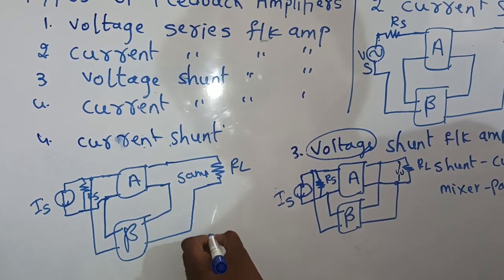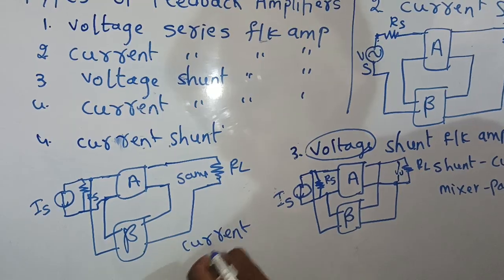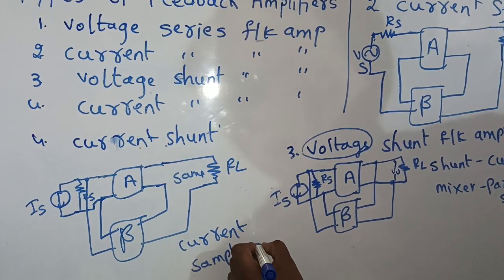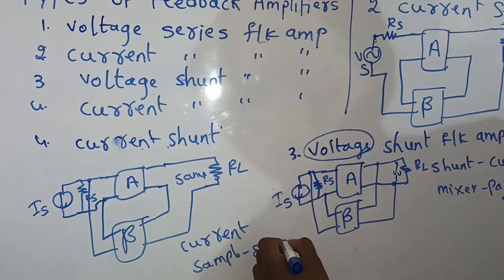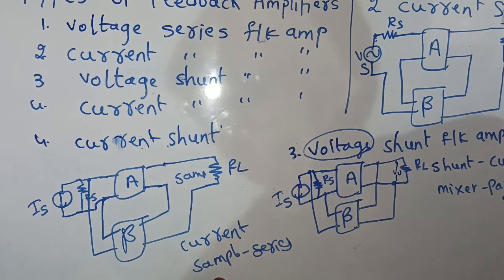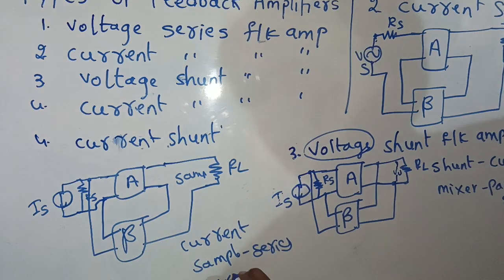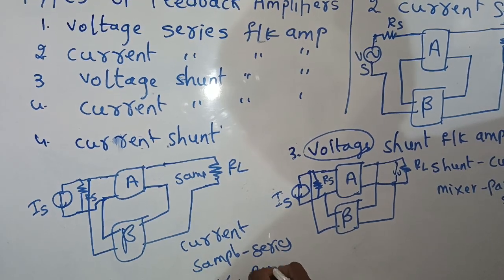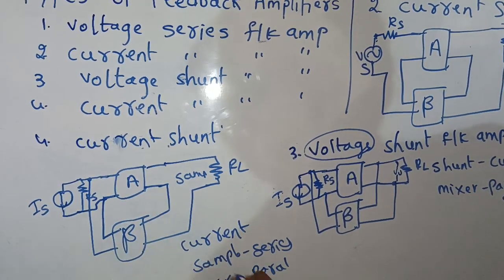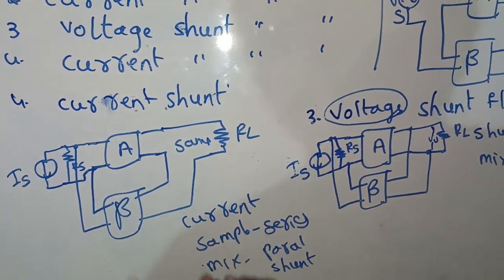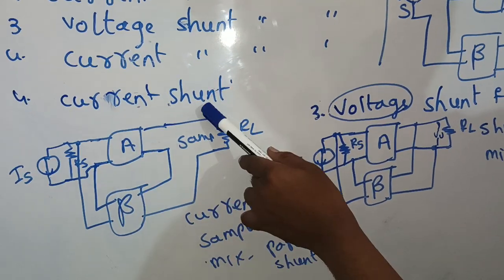For the current amplifier, the sample is series, same as the previous one. The sample is series, and similarly the mixer at the input side is parallel. Why? Because this is a shunt connection. This is about the fourth one, the current shunt feedback amplifier.